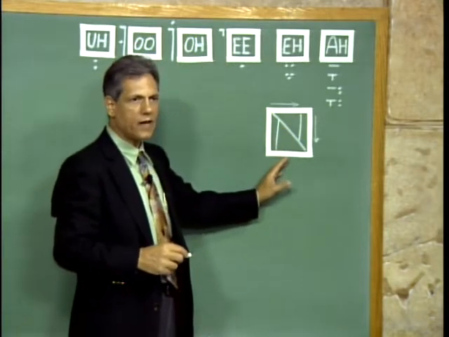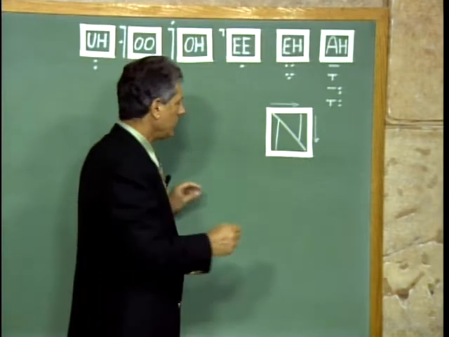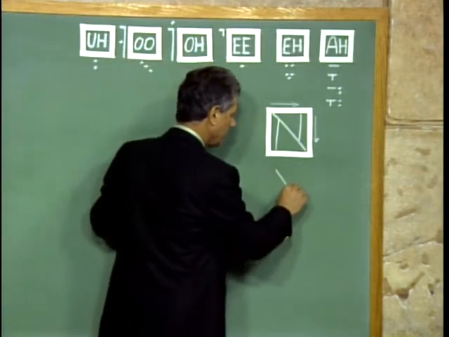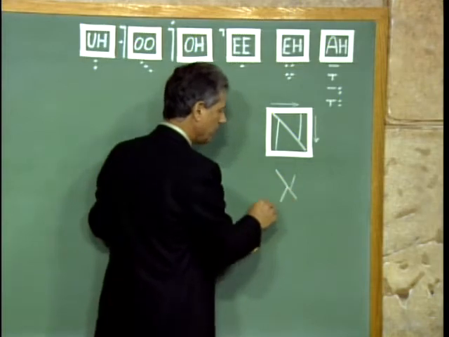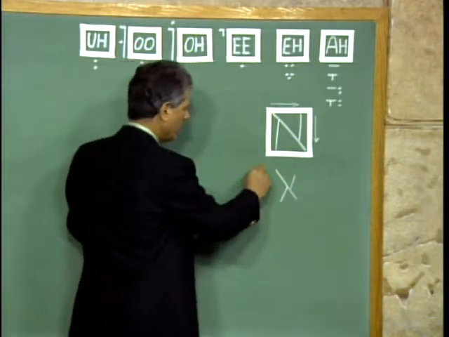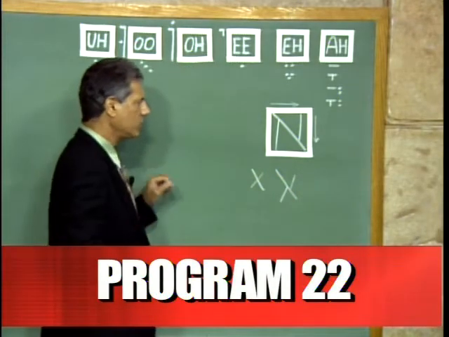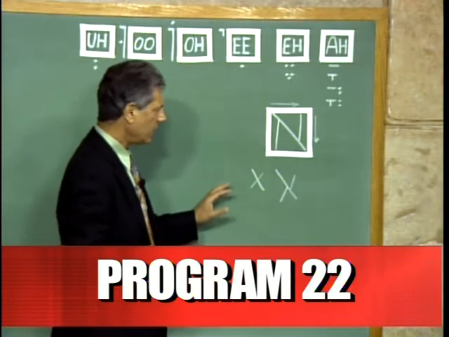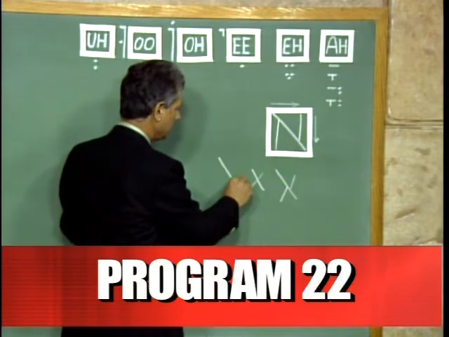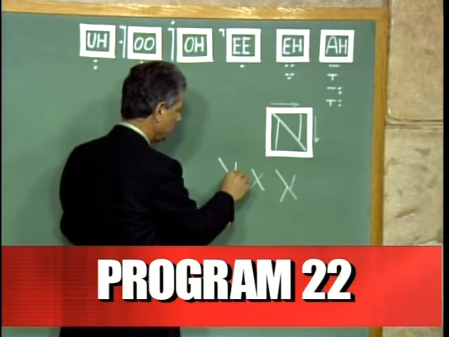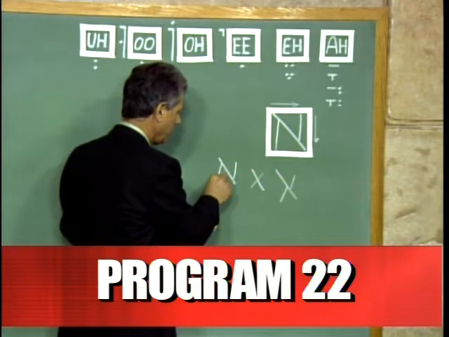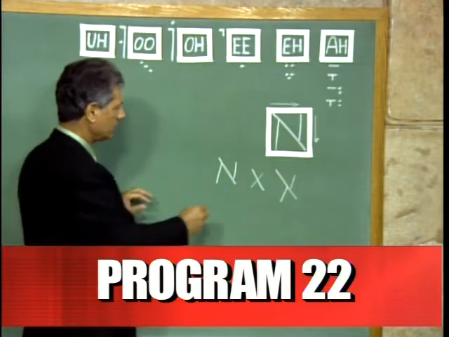This is the letter Aleph. You don't want to do something like this or like this. Those are not the letter Aleph. The letter Aleph has a definite way of drawing it, which is this.